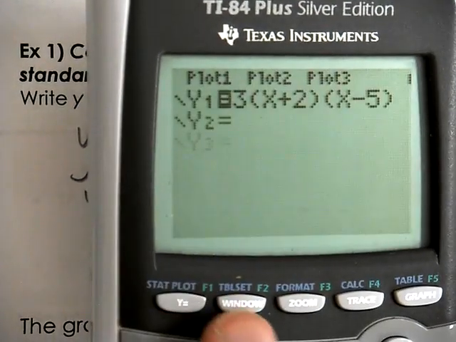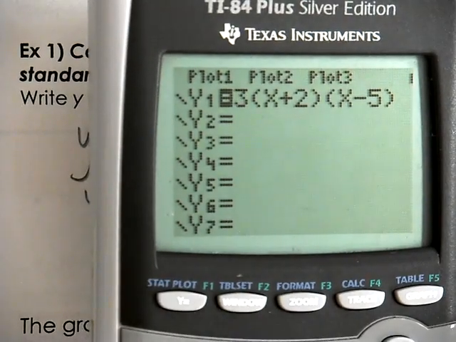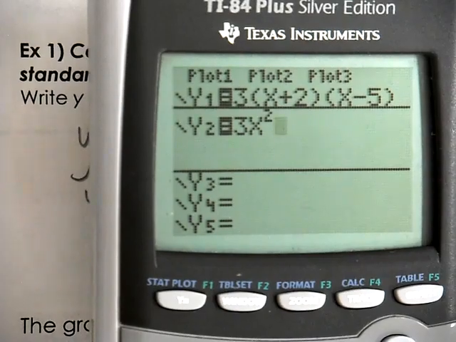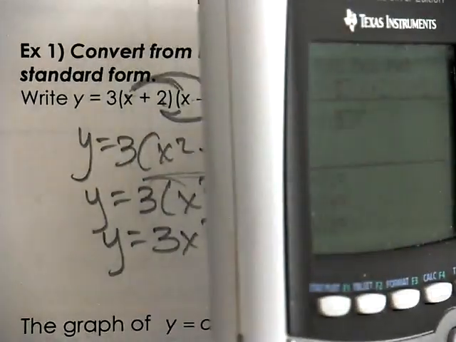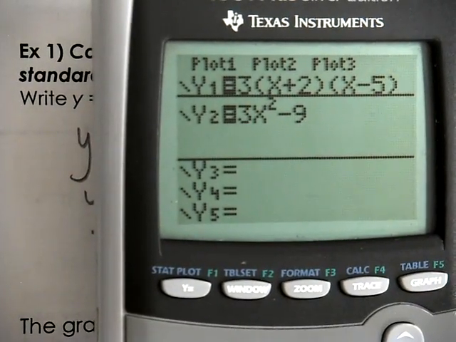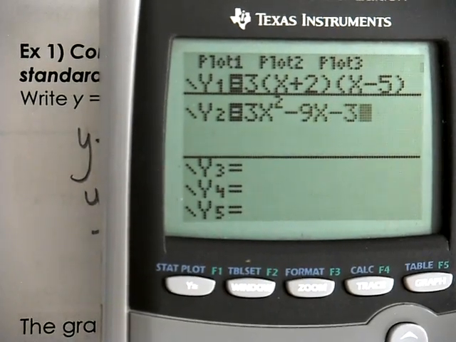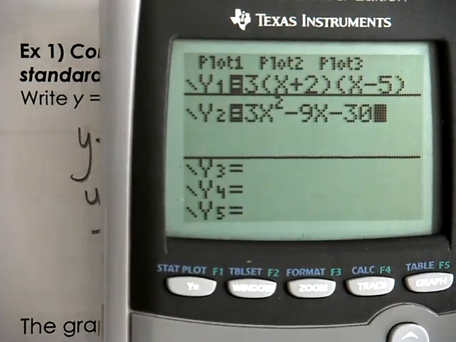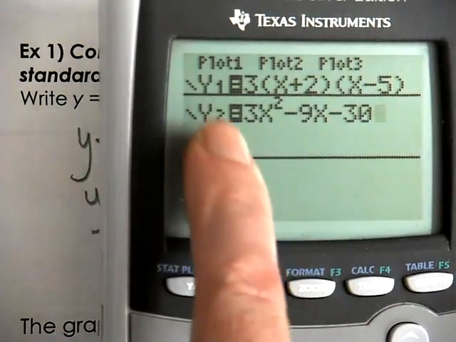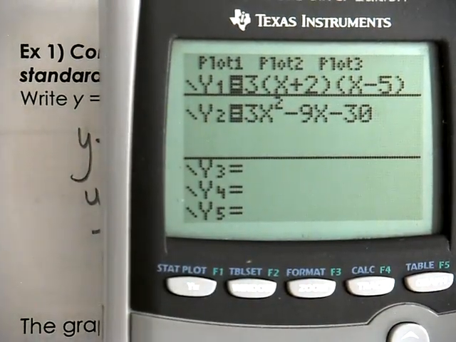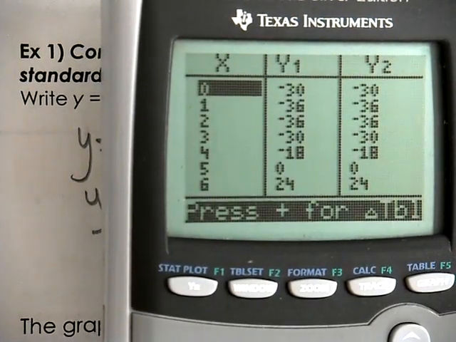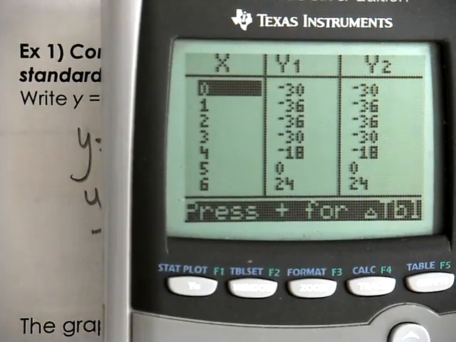Now if I go to my second equation, y2, I can type in the new equation, 3x squared minus 9x minus 30. So it looks very different. It doesn't look very similar there. The a is the closest thing that matches. But when I go to the table, you can see that all of the numbers match exactly.